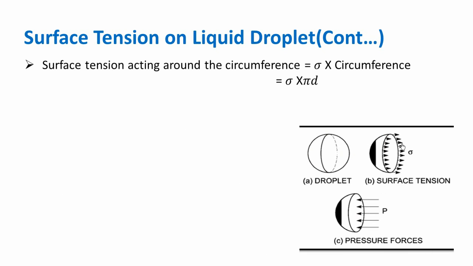Then we write the surface tension acting around the circumference, which is sigma into circumference, which is nothing but sigma into pi d. So this is the surface tension force. Surface tension has units of Newton per meter, because it is force per unit length.